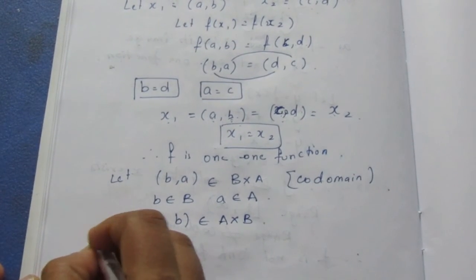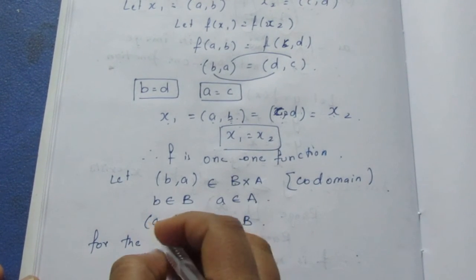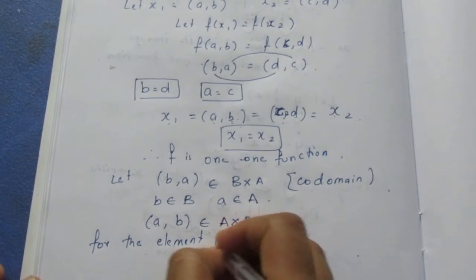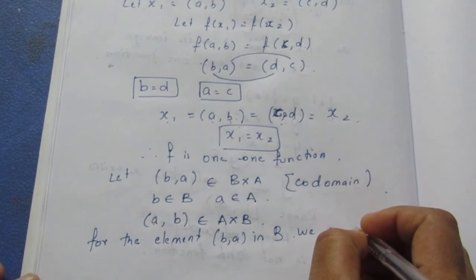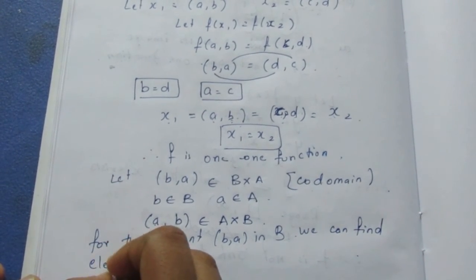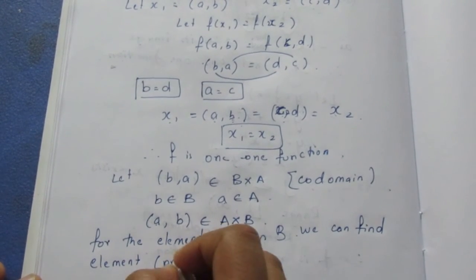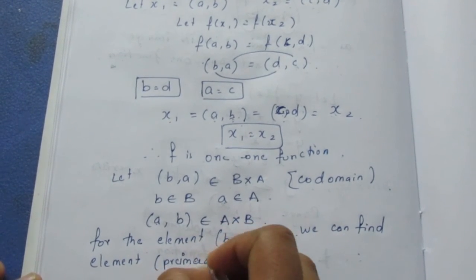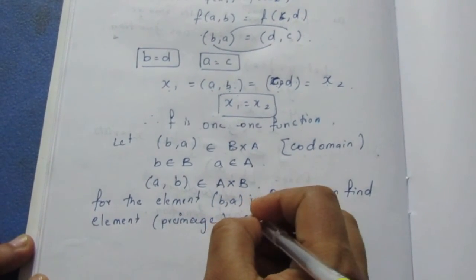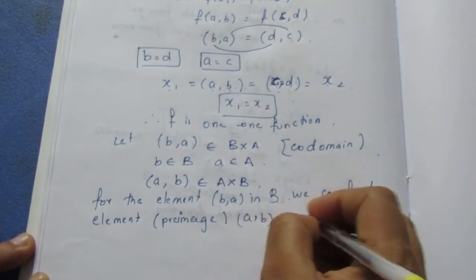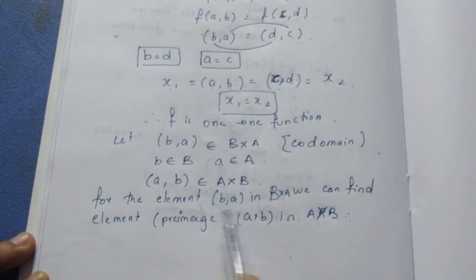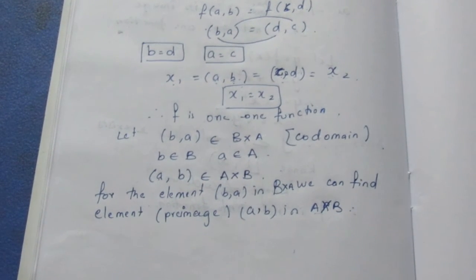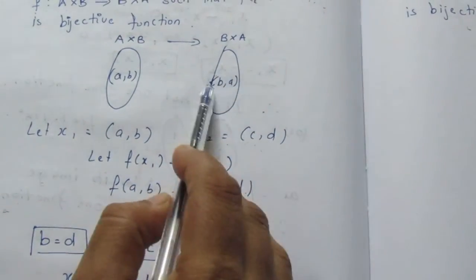So from this we know that for the element (b, a) in B cross A, we can find the element, that is the pre-image, (a, b) in A cross B. This is in B cross A and this is in A cross B. That is, for every codomain element there is a pre-image.